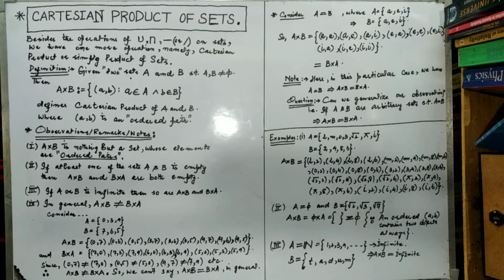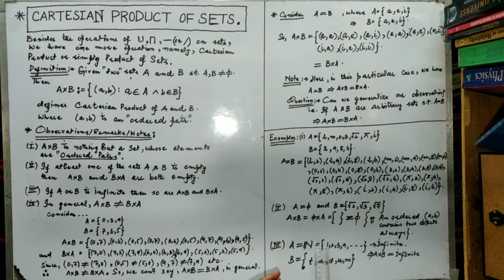Now consider another case. Note that in this case, one of the sets is infinite. So what will be the Cartesian product of two sets in which one of the sets is infinite? As you can see, my first set is the set of natural numbers, and we know that the set of natural numbers goes endlessly. The second set consists of these elements.